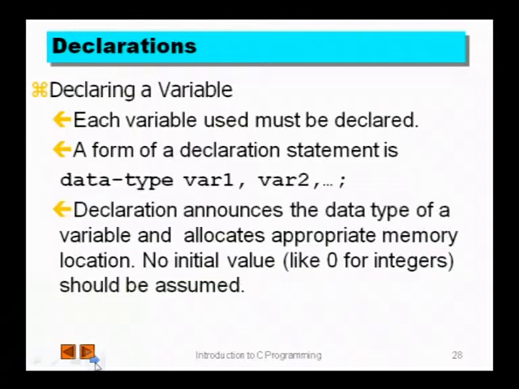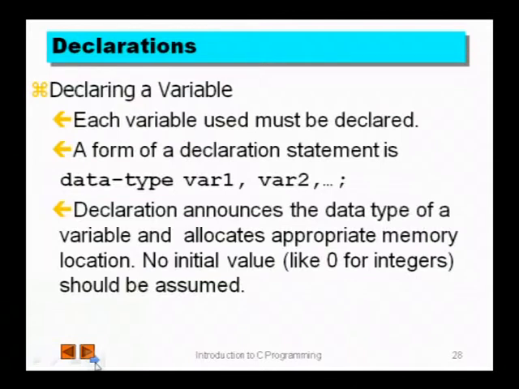The data type can be any one of the following: integer, character, float and double. And variable 1, variable 2, any number of variables, like i, j, num, sum, total, average and so on.